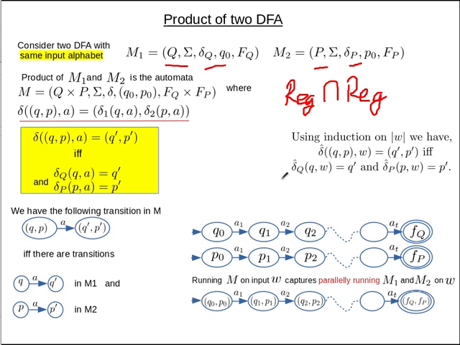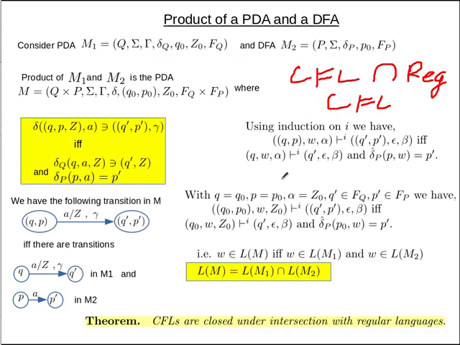So we can carry forward the same idea to PDA intersection regular. So in PDA, you just take one PDA. Now this M1 is no longer a DFA, it is a PDA.